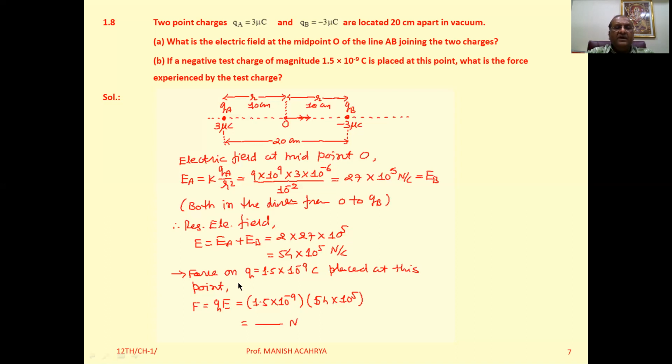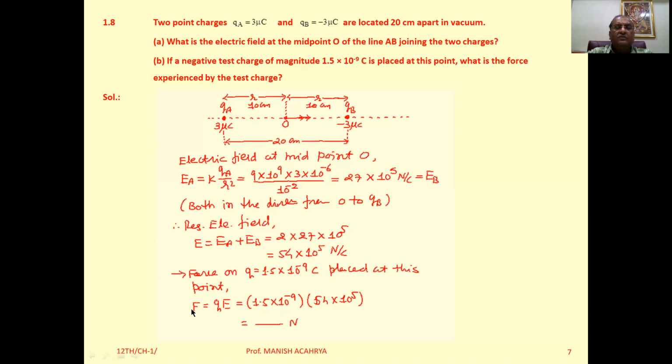Now, a negative charge Q equal to 1.5 into 10 raised to minus 9 coulomb is placed at this point. Then the force on it, that is Q into E, that is 1.5 into 10 raised to minus 9 into 54 into 10 raised to 5. You will get the answer.